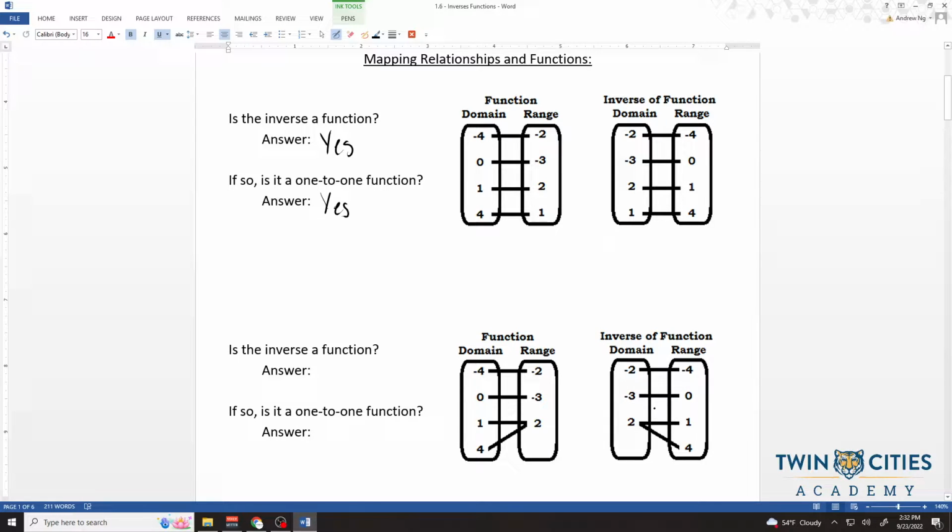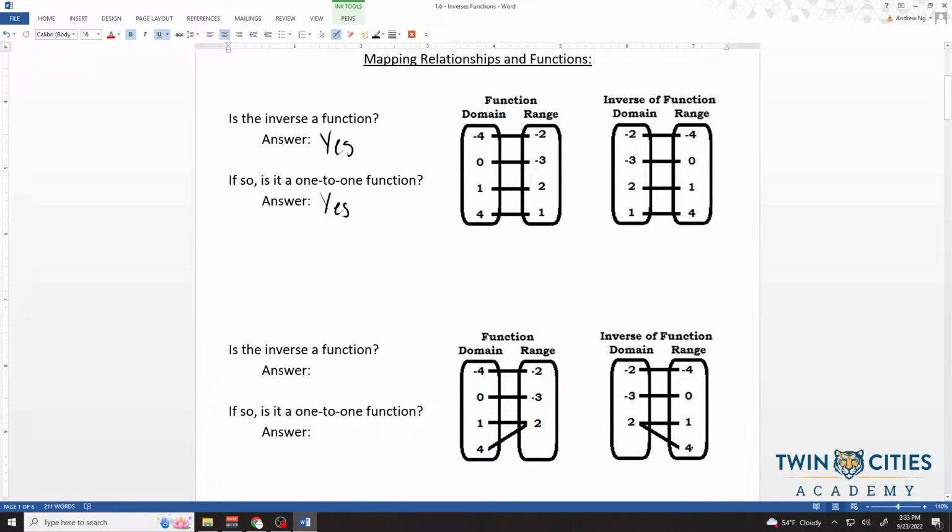Why is it not a function? Because each of these values in the domain can only have one pairing to one value in the range. What this is saying is if I plug in 2 to whatever this inverse would be, I would end up with two possible answers, 1 and 4, which makes it not a function.